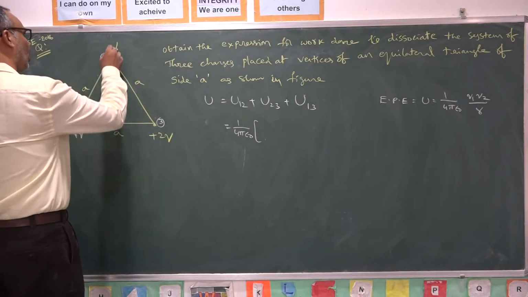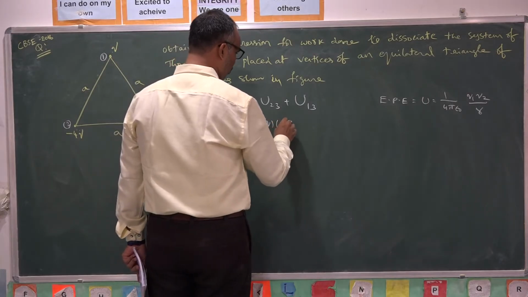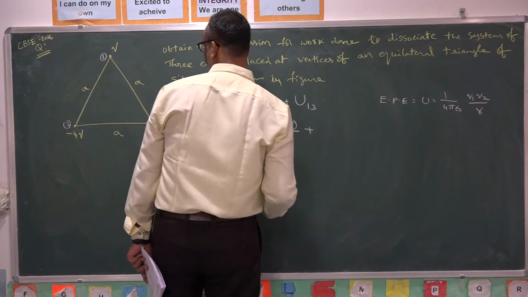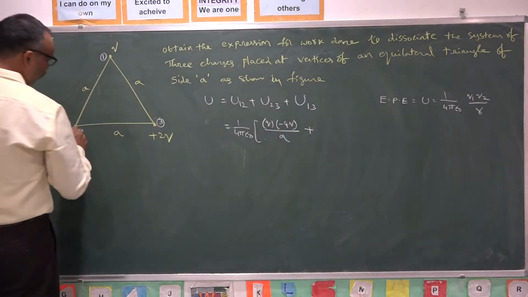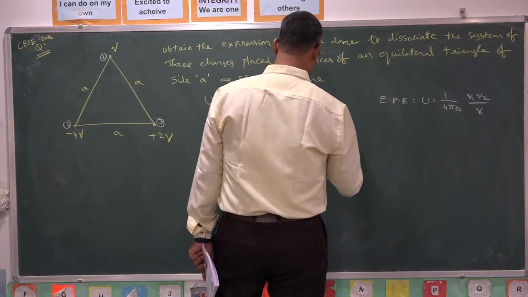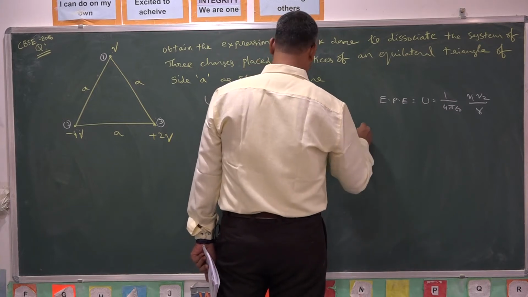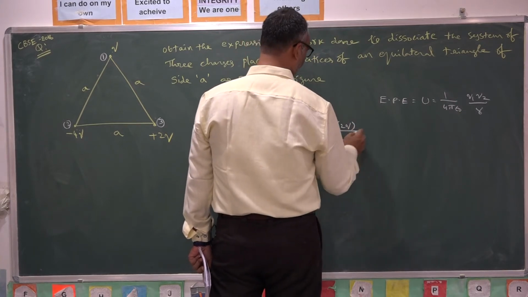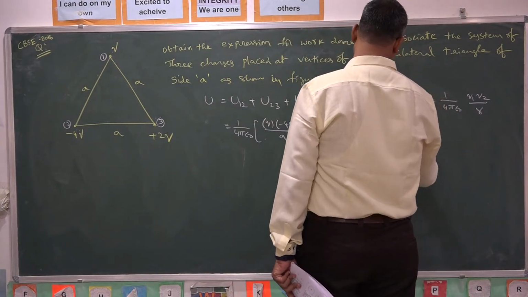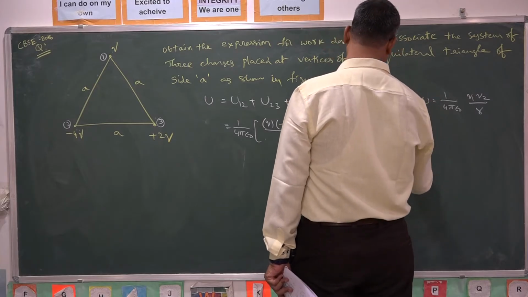If I am talking about 1 and 2, Q into minus 4Q by separation is A, plus 2, 3 minus 4Q into 2Q by the separation is A, plus Q into 2Q by the separation is A.